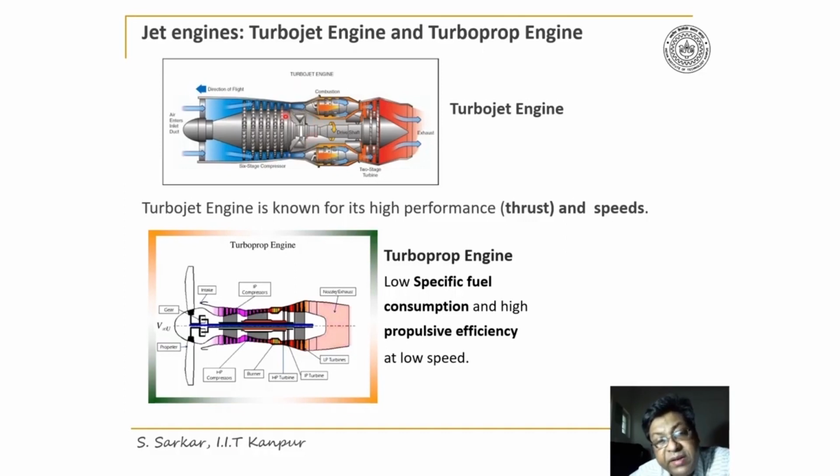And then the compressed air is pushed to the combustion chamber, where combustion occurs, and then high pressure and temperature air is partly expanded in a turbine, and the power produced by the turbine is sufficient to run the compressor, and the remaining pressurized gas is expanded by a nozzle to produce thrust.